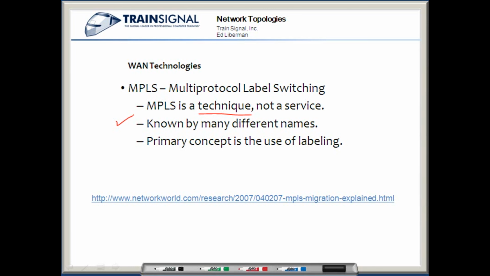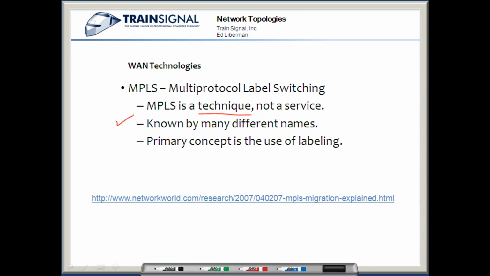But for right now, the general idea to keep in mind is that typically when a piece of data or a packet of information gets to a router, the router needs to analyze each one of those packets independently to figure out where it's supposed to go and how it's going to get there.